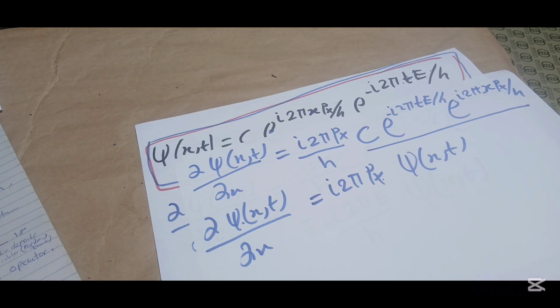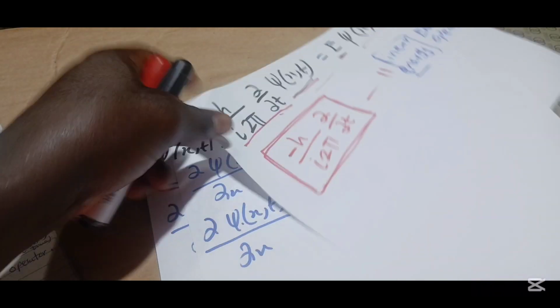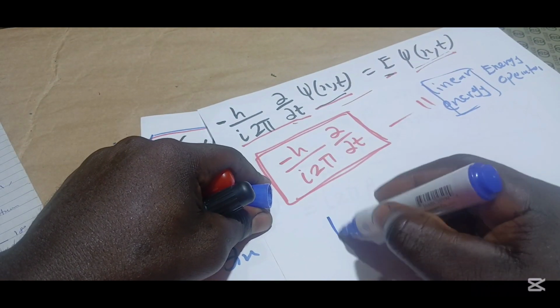So at this point, let's try and rearrange it in our eigenvalue equation form. We are trying to rearrange it in this form.